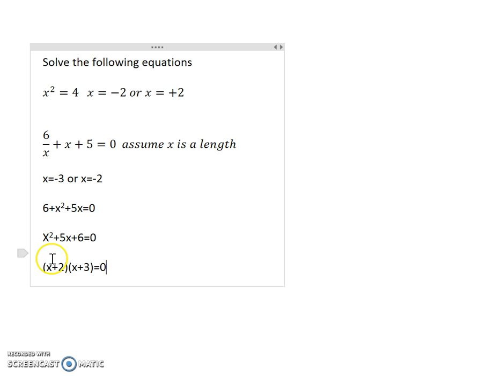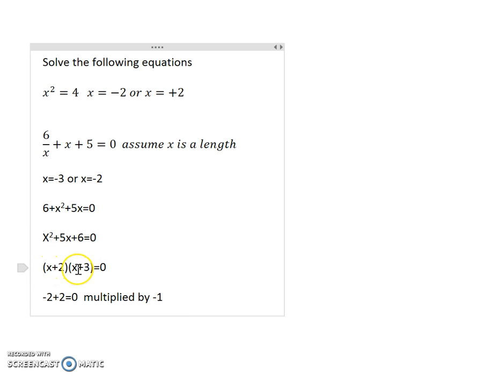Alright. And then you might not have seen this before, but if I've got this number times this number equal to 0, then x has to be -2 or x has to be -3. Because if you sub it in, you get -2 plus 2 is 0. And then you have that bracket being 0 multiplied by -2 plus 3, which is +1.